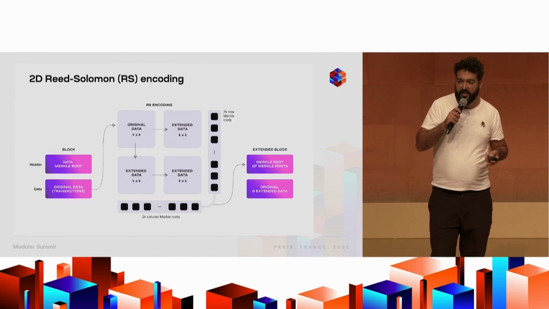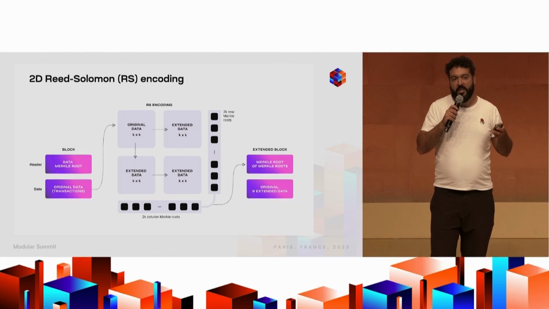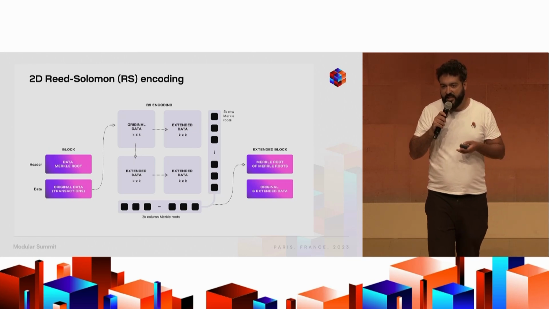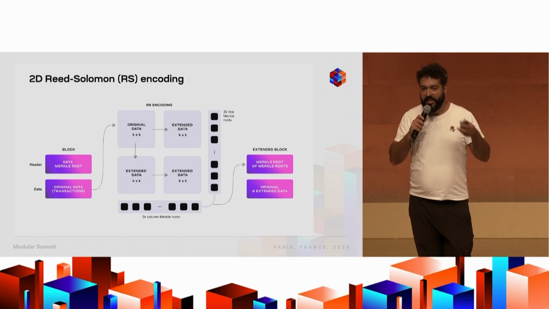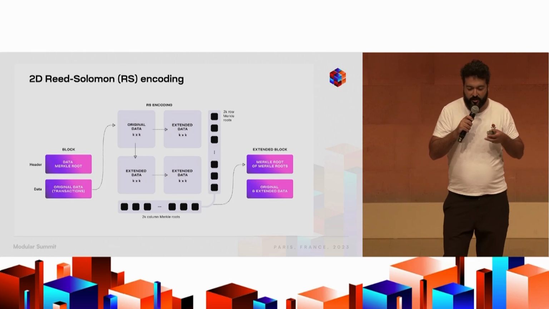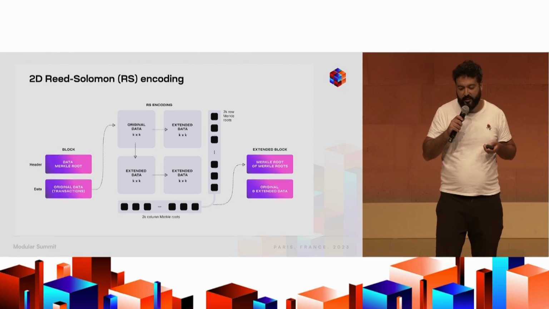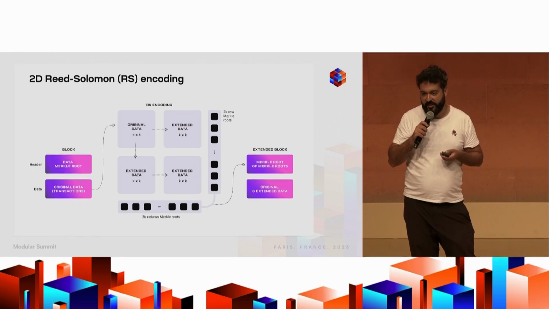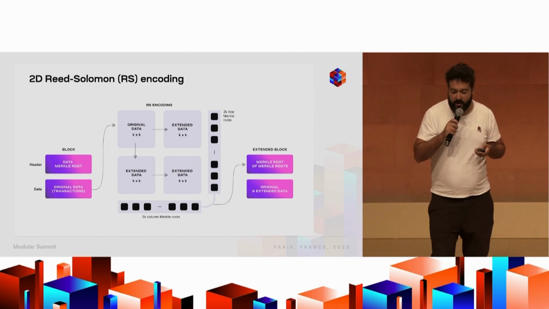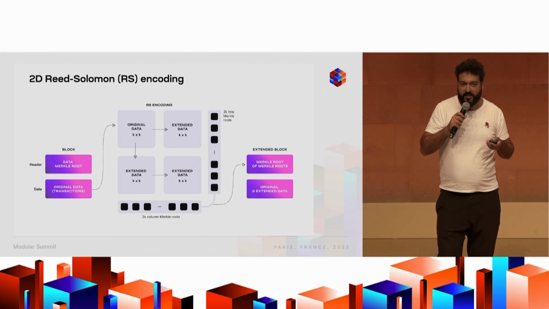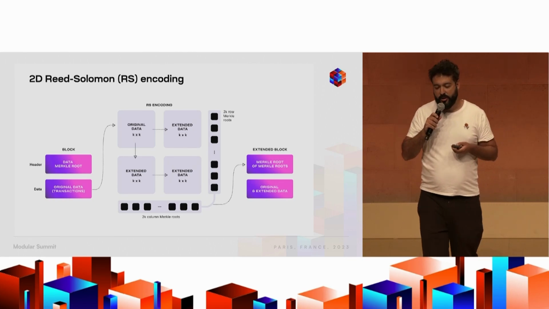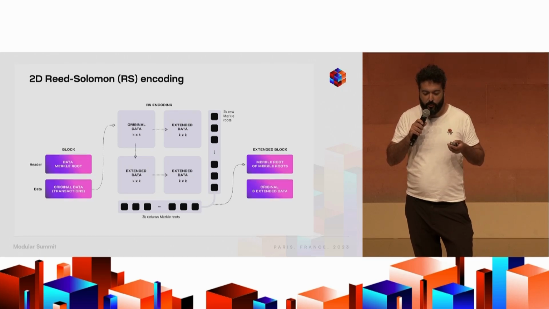Erasure coding is a technique that is very well known, which is basically used in CDs, where you can recover data. You add parity data, and you can recover data even if parts of the data are missing, right? So how this works in Celestia is the data is encoded and arranged in a certain way.